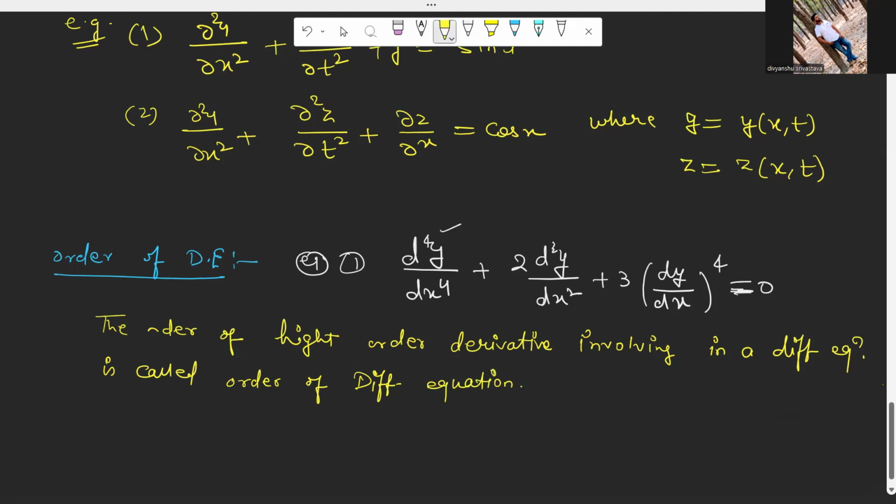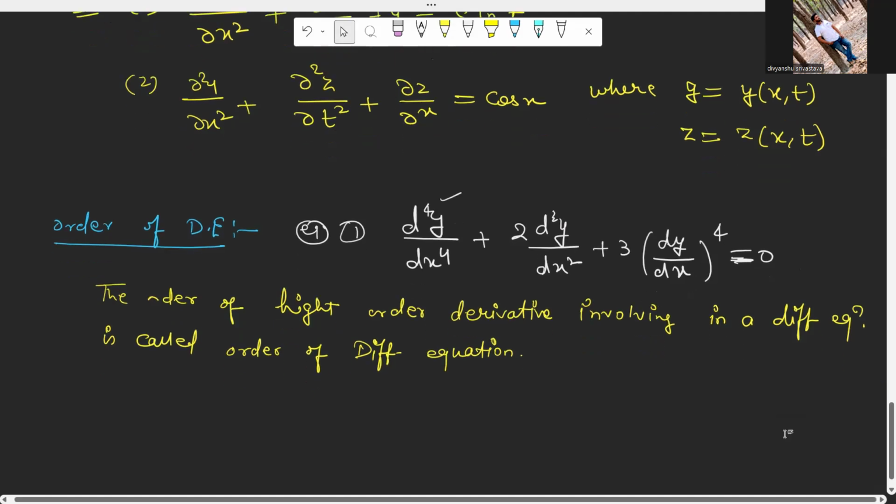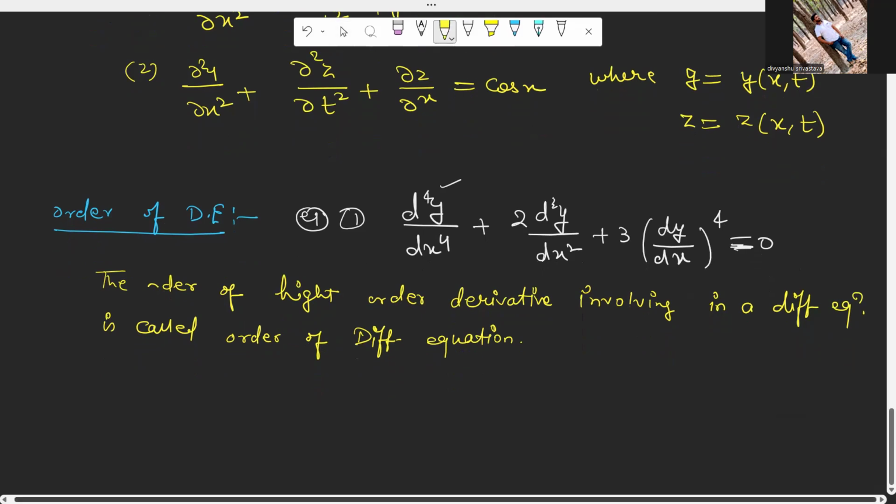So what is the highest order derivative here? Here the order is only 4, because it is the highest order.